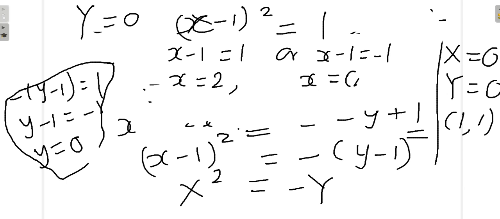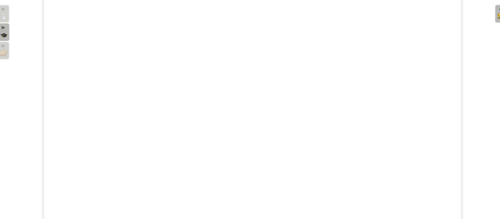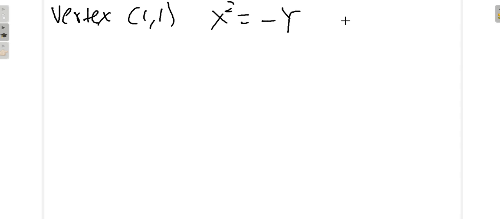Now see how we draw the curve. What information do we have? The vertex is 1, 1. The curve is of the type x square equal to minus y. It cuts the x-axis at x equal to 0 and x equal to 2, and y equal to 0.